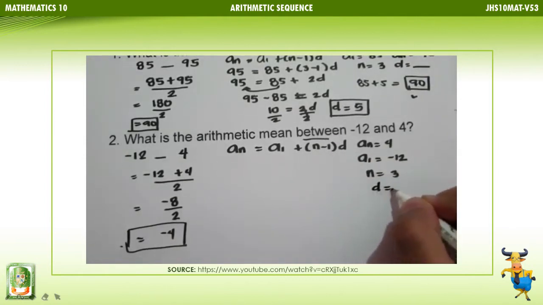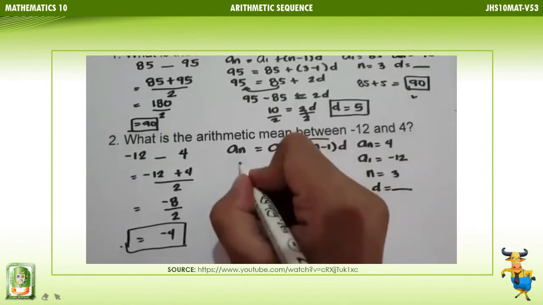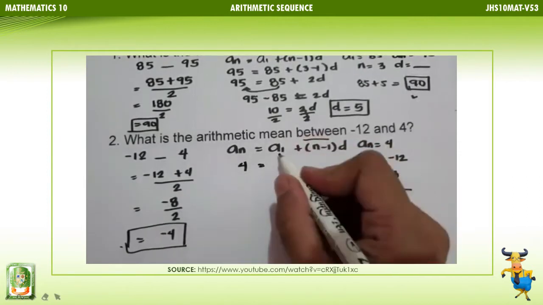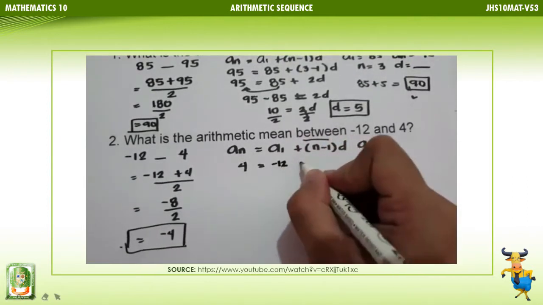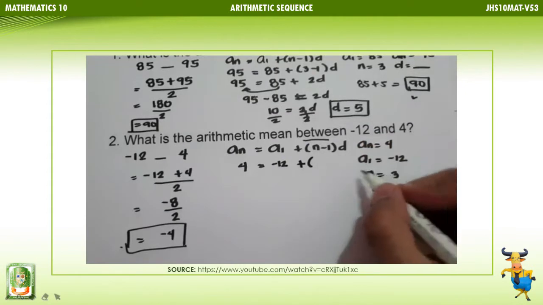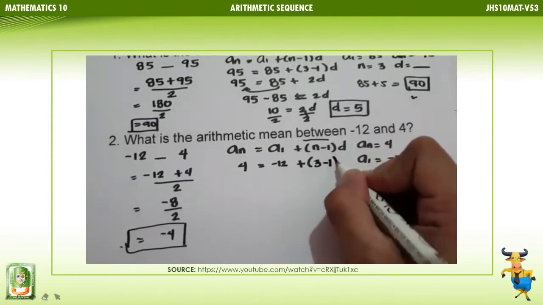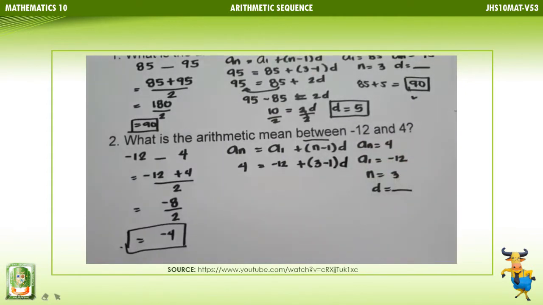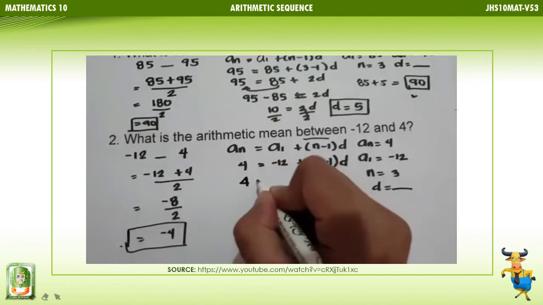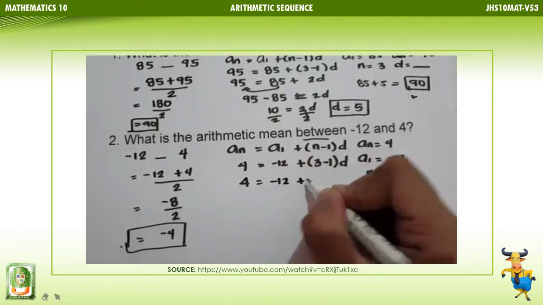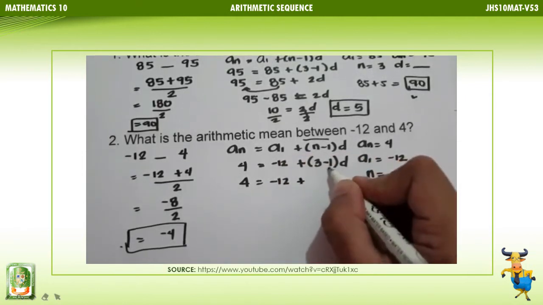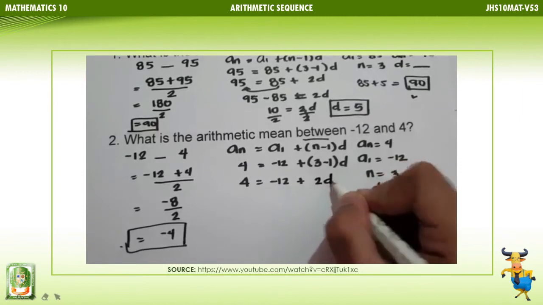We are looking for d. So we have 4 equals a sub 1, that is negative 12, plus n, that is 3, minus 1 times d. And then we have 4 equals negative 12 plus 3 minus 1, that is 2, times d, that is 2d.